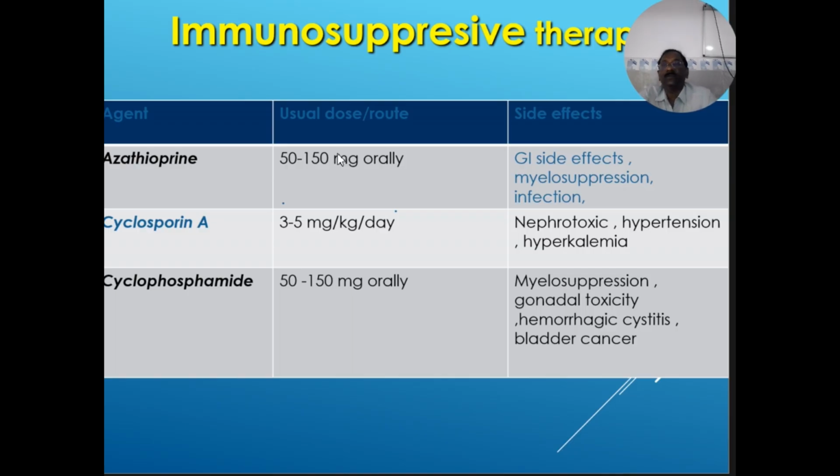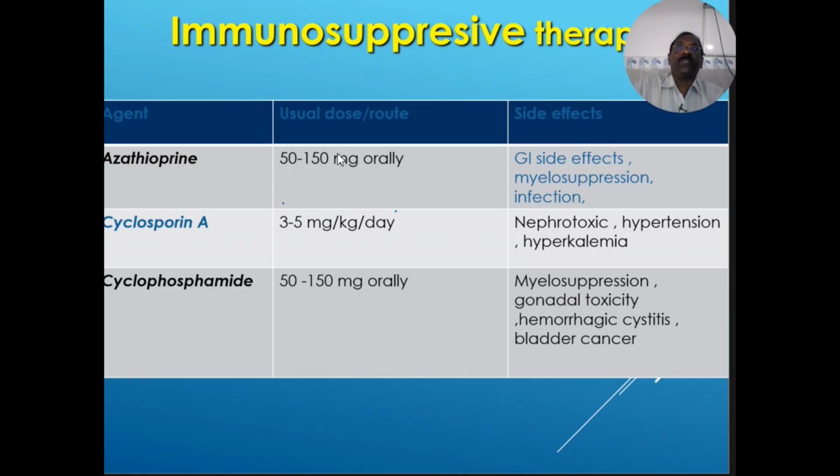Cyclosporine. What is the common indication to use cyclosporine? Renal transplantation. Post renal transplantation, most of the people are on cyclosporine. Does cyclosporine cause diabetes or hypertension? Good, hypertension.